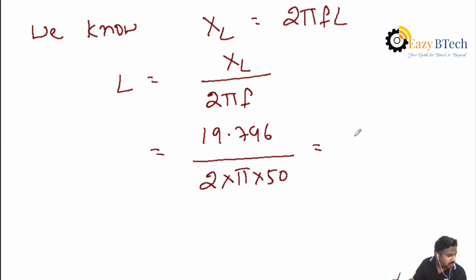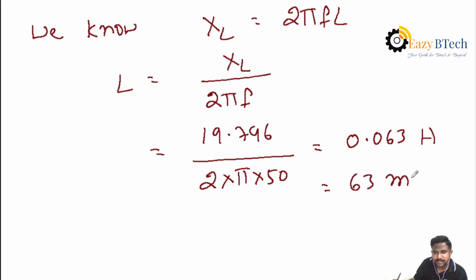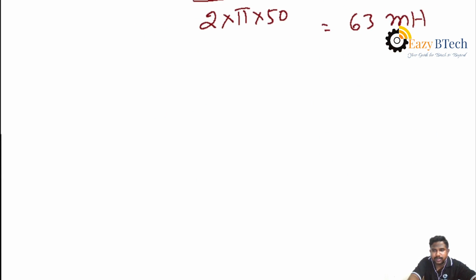Then the value of inductance is 0.063 Henry, that is 63 millihenry.